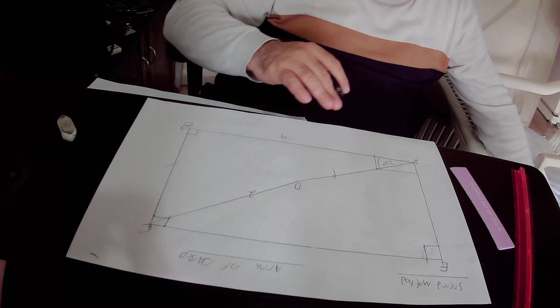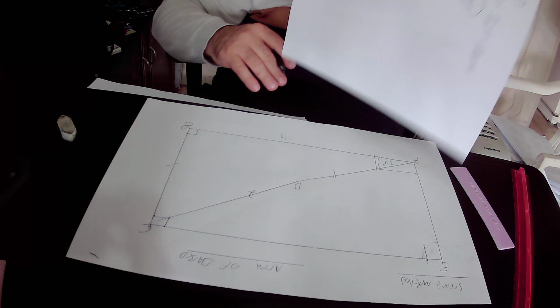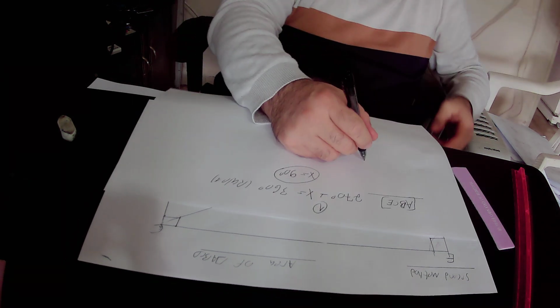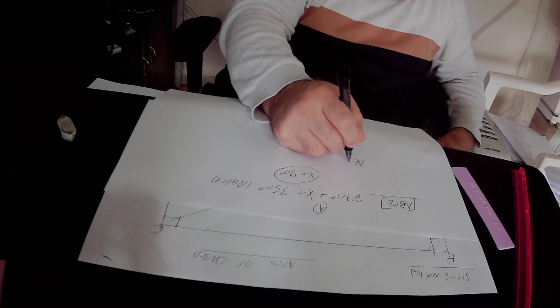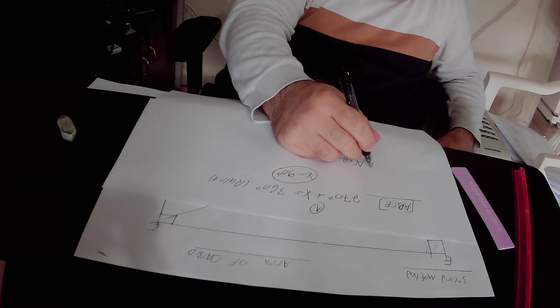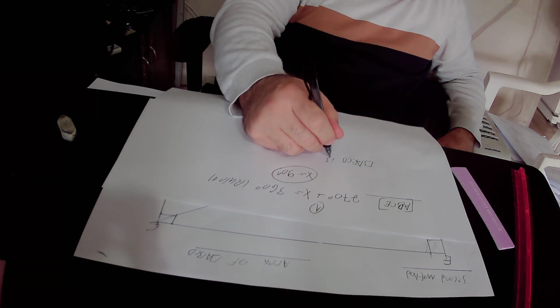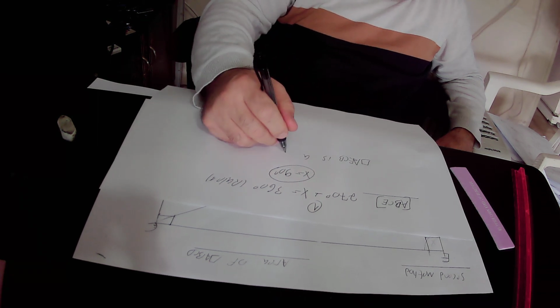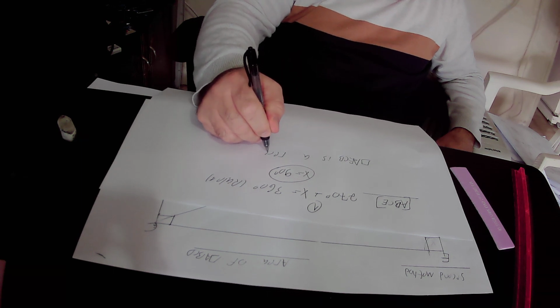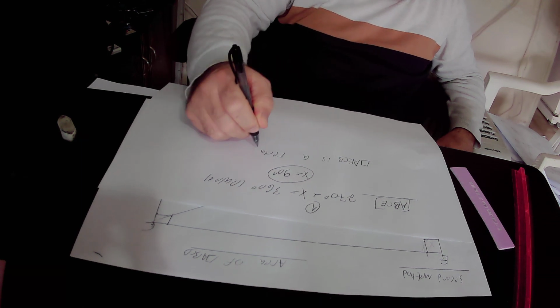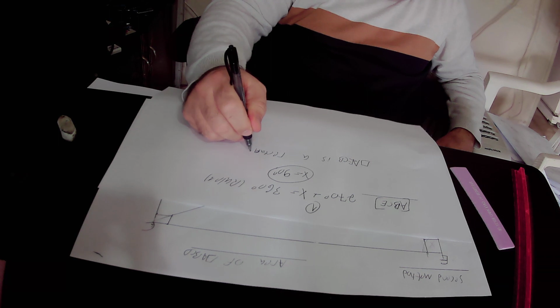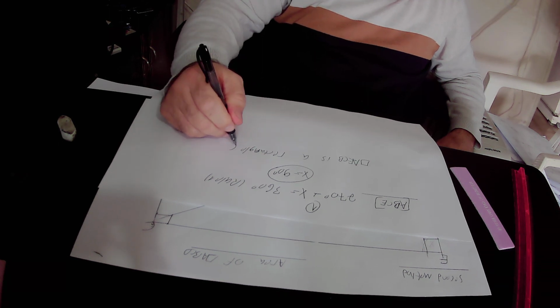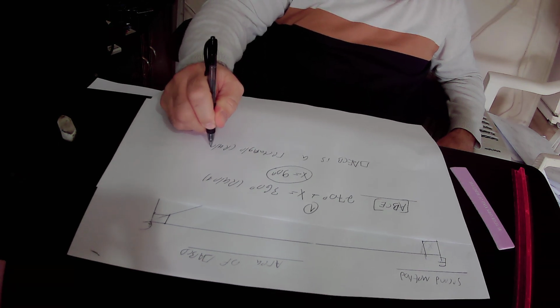So quadrilateral AECB is a rectangle because it has four right angles. This is according to rule number 3.